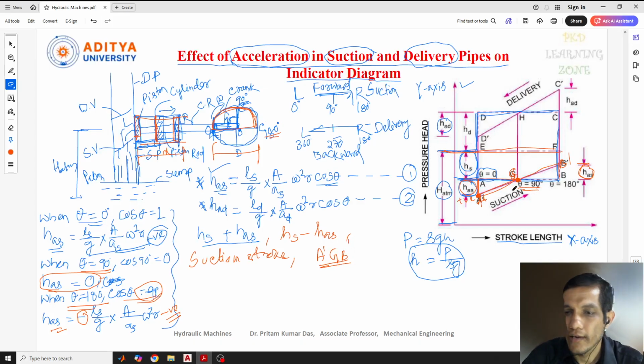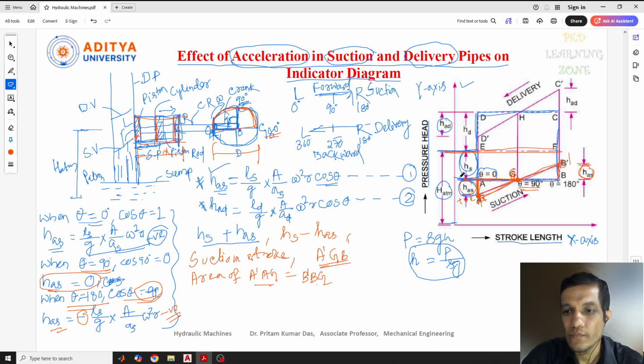Along with that, the area of A dash AG will be equal to the area of B dash BG. So this area equals this area. So this is all about the suction stroke.